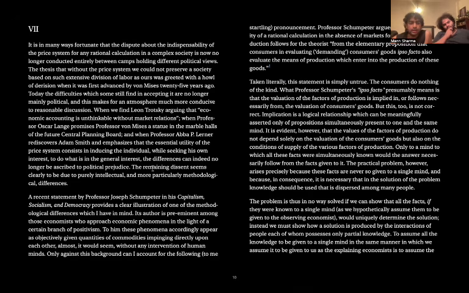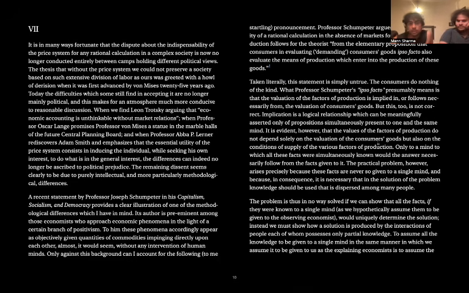Only against this background can I account for the following, to me, startling pronouncement. Professor Schumpeter argues that the possibility of a rational calculation in the absence of markets for the factors of production follows, for the theorist, from the elementary proposition that consumers, in evaluating consumers' goods, ipso facto also evaluate the means of production which enter into the production of these goods.